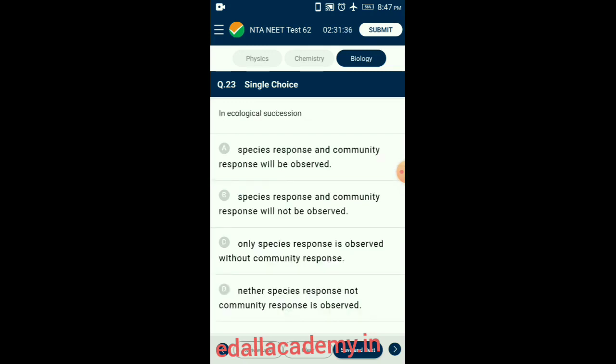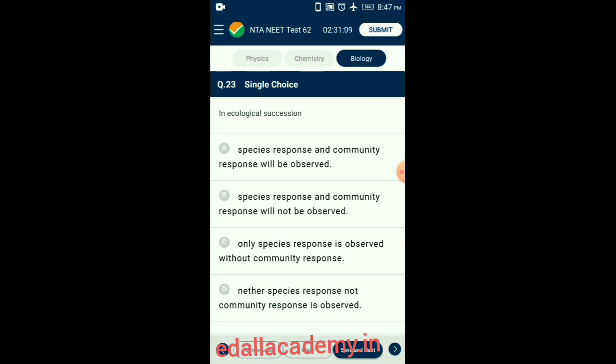Question number 23. In ecological succession, primary succession means the development of communities only on a newly exposed habitat with no record of earlier vegetation. An important characteristic of all communities is that composition and structure constantly change in response to changing environmental conditions.